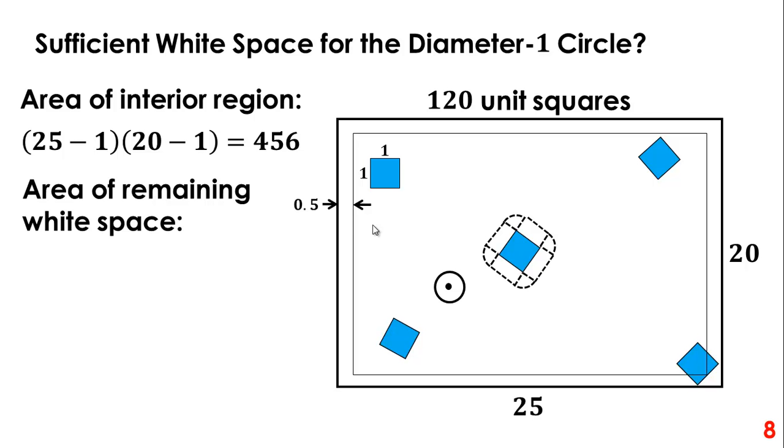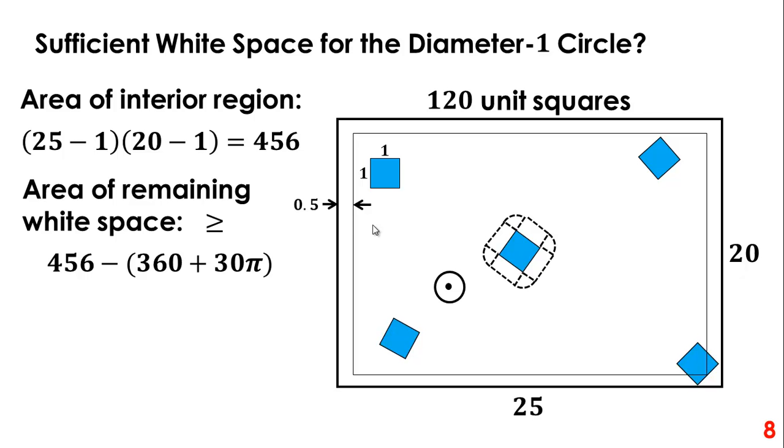Now we are ready to calculate the area of the remaining white space. Inside the inner rectangular box, if we remove all the blue area, what's the remaining white space area? So we calculate subtraction: 456 minus parenthesis 360 plus 30 pi. And actually that white space is greater or equal to this number.